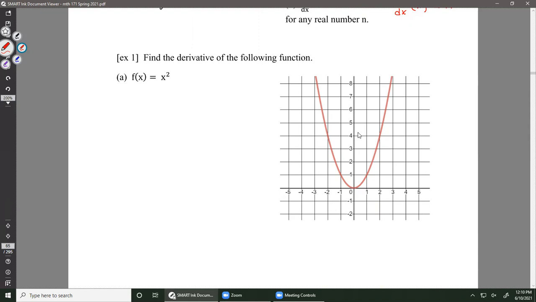So what I'm asking you to do is find the slope of all the tangent lines for x squared. So every single one of the tangent lines.